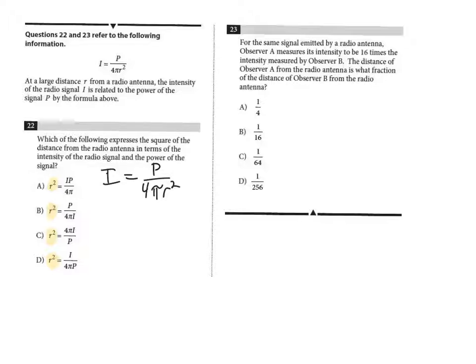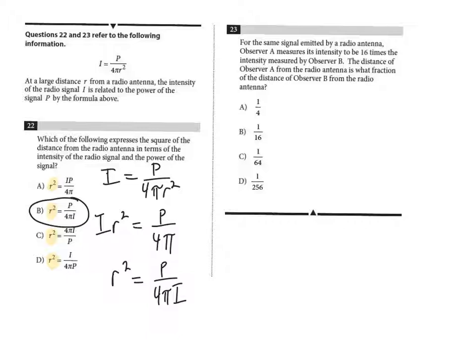If I multiply both sides by r squared to get it out of the denominator, I have I r squared equals power over 4 pi. Divide both sides by I. The radius squared is going to be equal to the power divided by 4 pi I. Okay, and that is one of our solutions. B will be our solution.